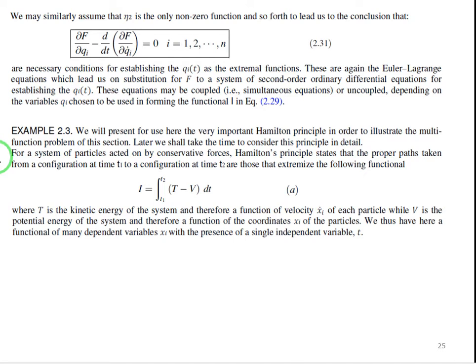Hamilton principle can be said that for any arbitrary system, if T is the kinetic energy of the system and V is the potential energy of the system, in this system I, which is known as Hamiltonian, is integration from t1 to t2 of T minus V dt and has a minimum value for any combinations of our degrees of freedom or our xi.